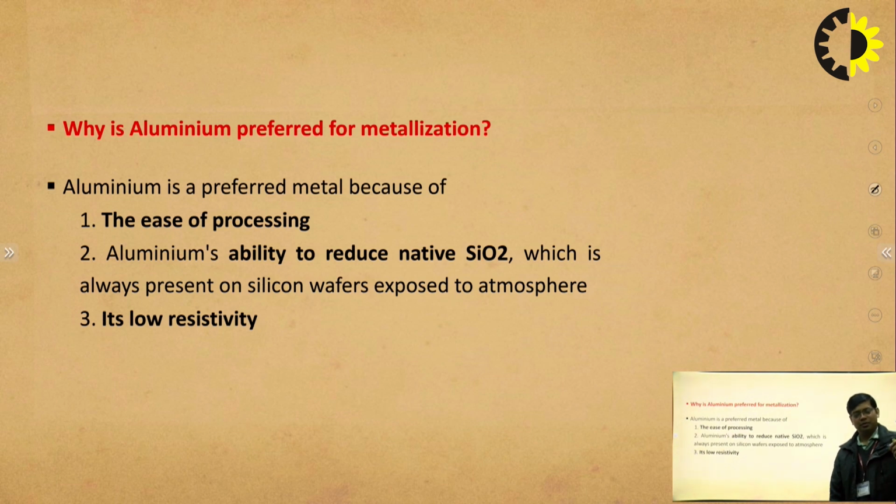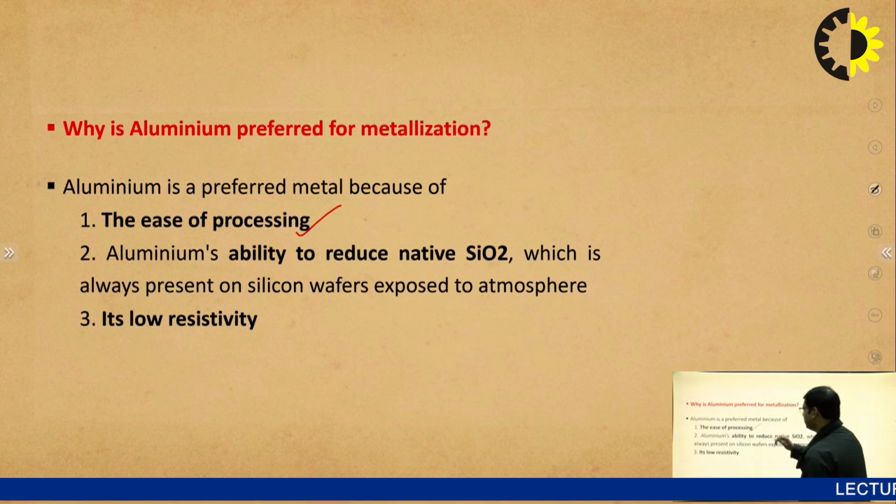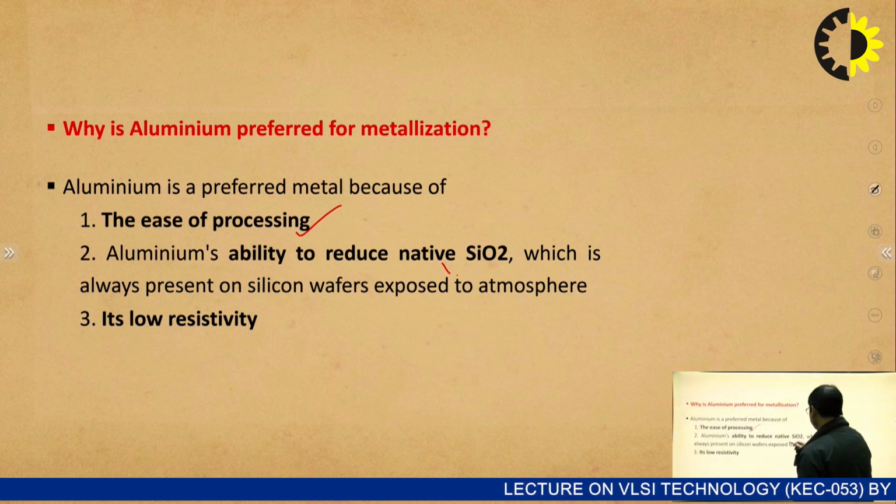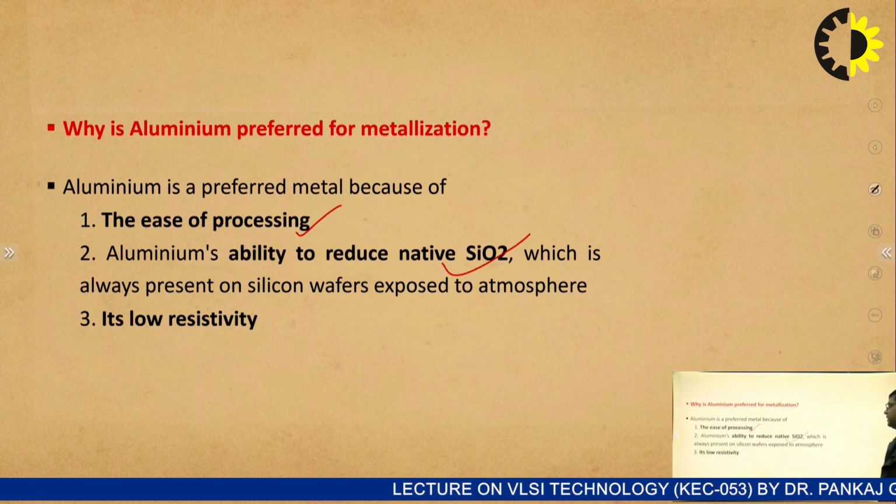Now, what are the advantages of aluminium? Why are we preferring aluminium for metallization? Number one is the ease of processing. It is easy to process aluminium, that is why it is preferred. Second is aluminium's ability to reduce the native silicon dioxide.